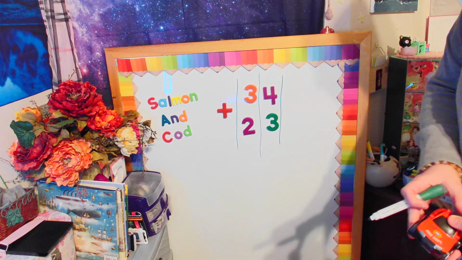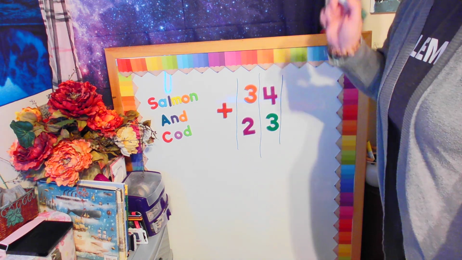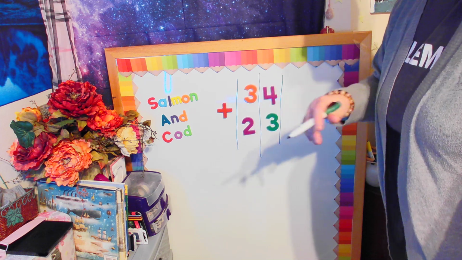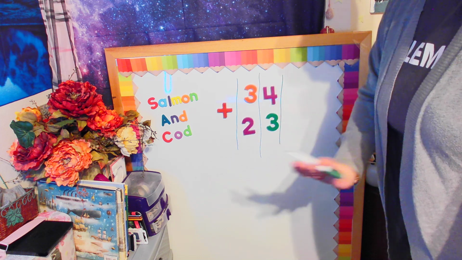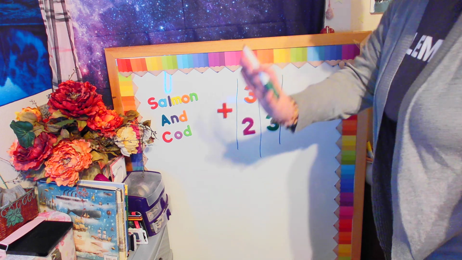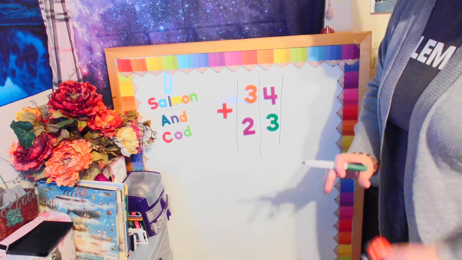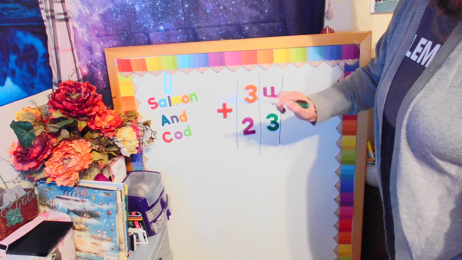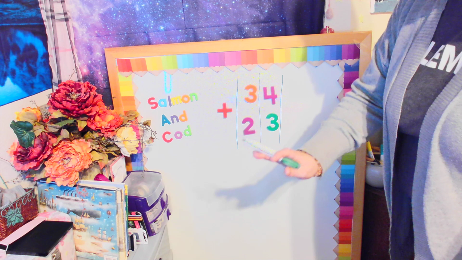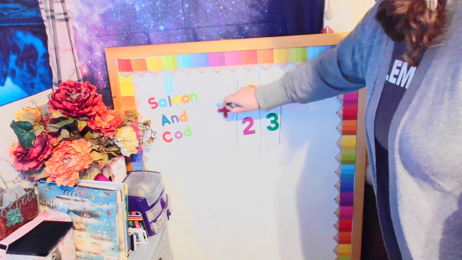Now, when you're on the highway, one thing that is extremely important is that you watch your signs as you're driving by. Because if you don't watch your signs, you don't know where you're going. You don't know if you need to turn off, or if you need to stop, or slow down, or go faster. Sometimes you get to go faster. Zoom, zoom. Okay? So the second thing we need to do is circle our driving sign.